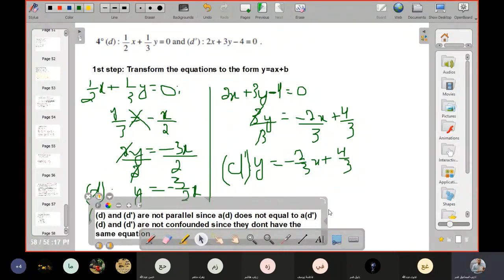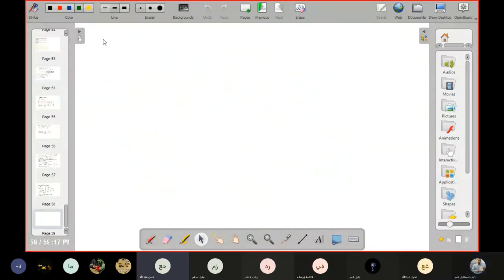Okay, now we check if they are perpendicular. How do we check, Hassan Abdullah, if they are perpendicular? The product of their slopes equals minus 1. So we multiply the slope of D times the slope of D prime.